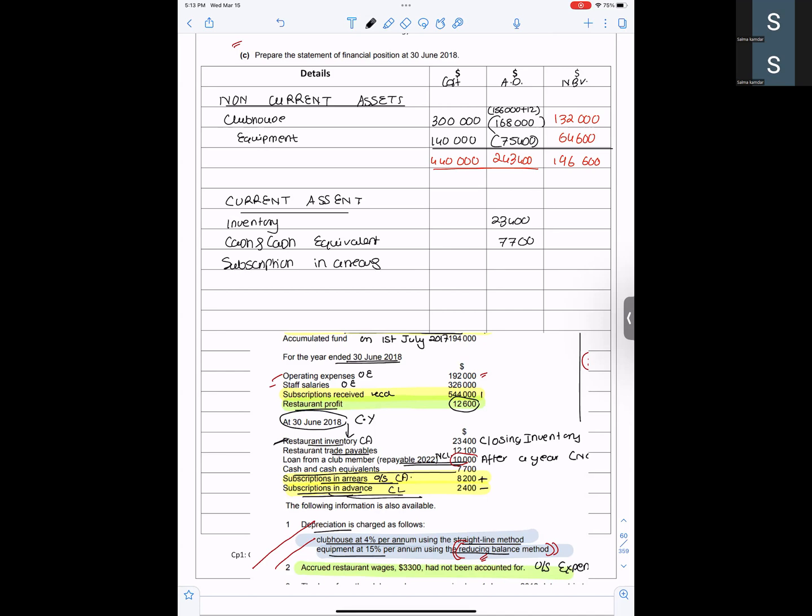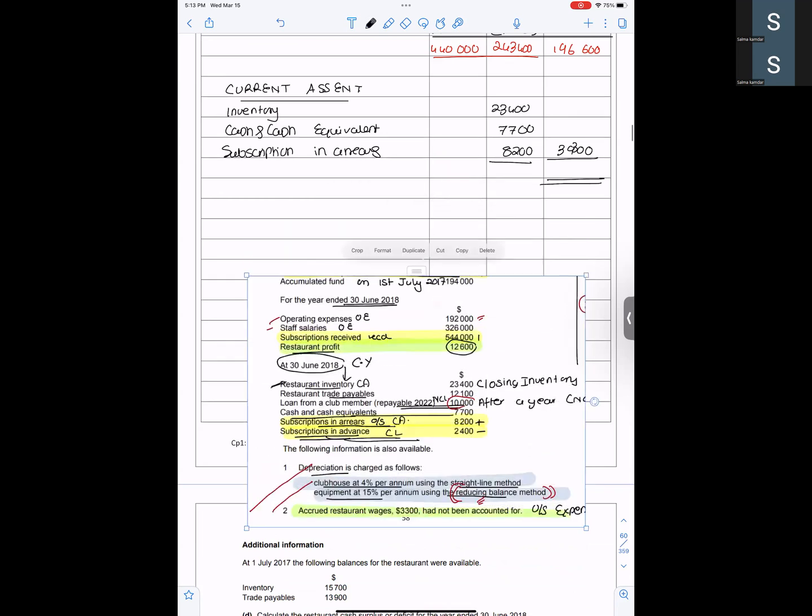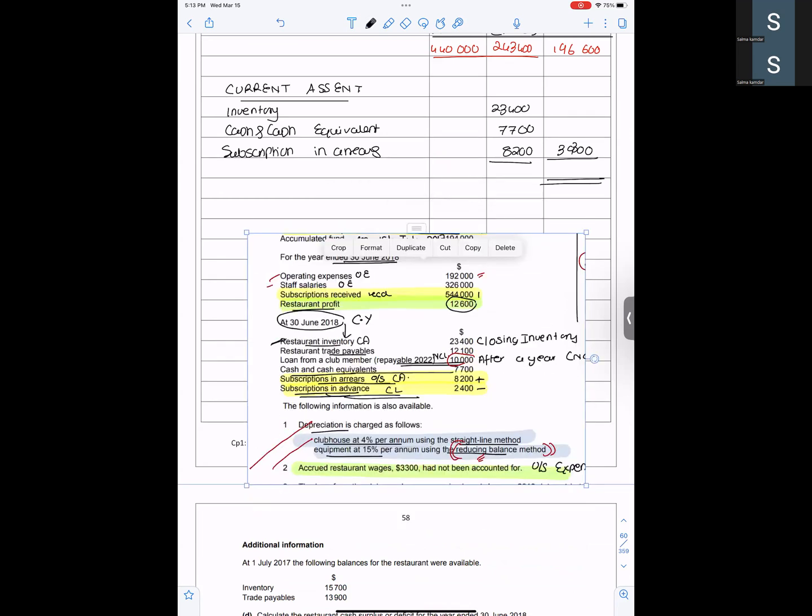How much? 8,200. So this is my total current assets, which is 39,300. Non-current assets plus current assets is going to give me my total assets. So my total assets is 235,900.